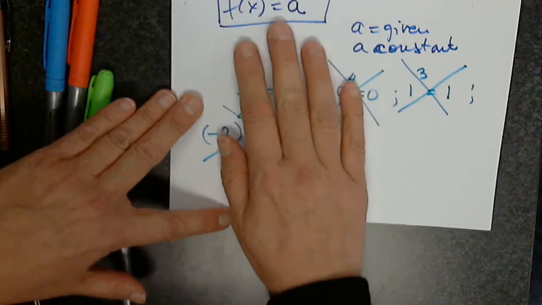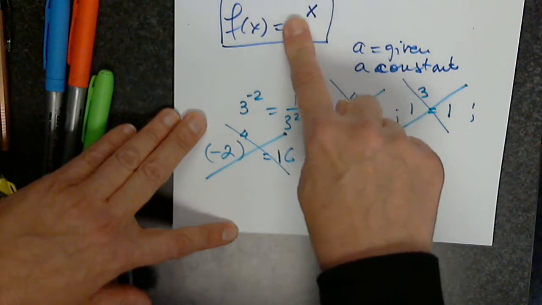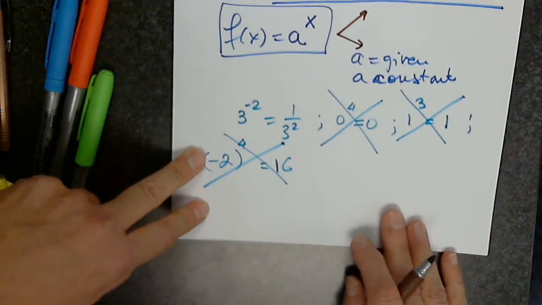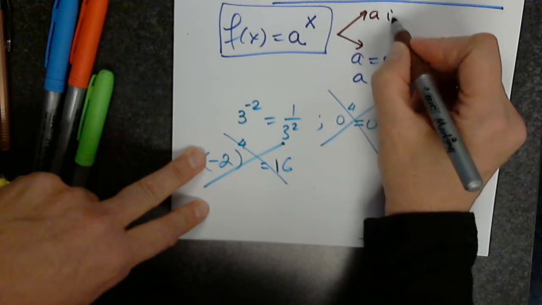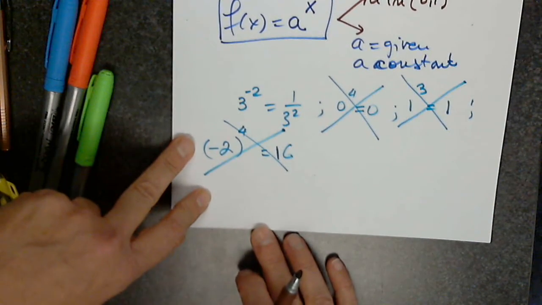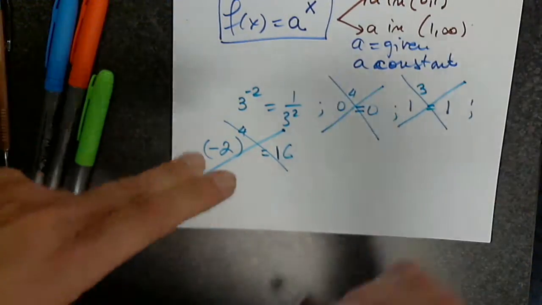Therefore, we have to limit or restrict the base. Well, I'm not talking about x. I'm talking about the base. The base can be only one of the following two options. A in the interval 0 to 1, not 0, not 1, and not negative. And A can be between 1 and infinity.